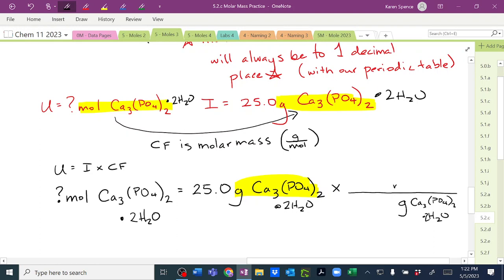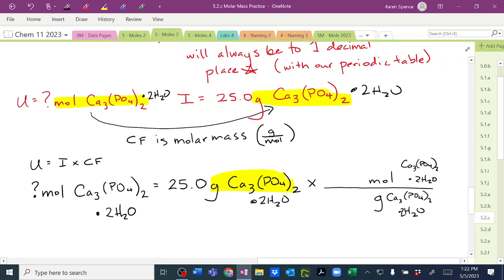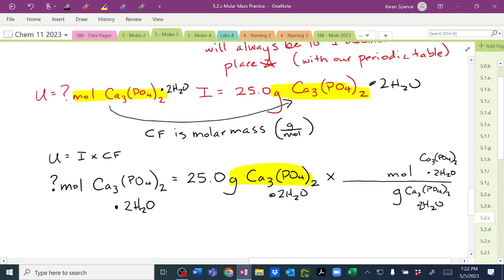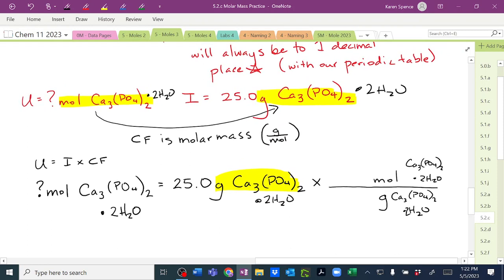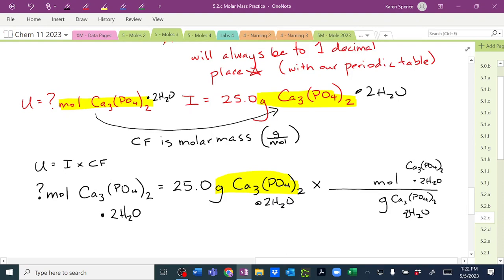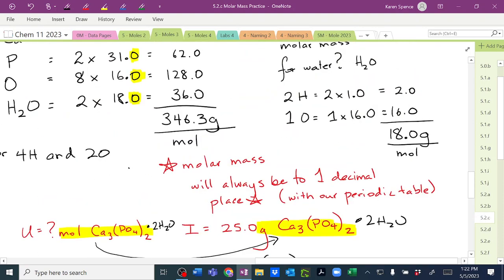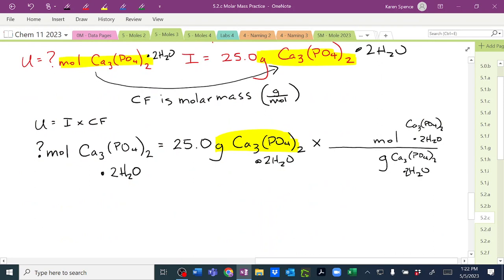And then on the top, I want to have moles of Ca3(PO4)2·2H2O. Whew. Most of the time they'll be much tidier than this, okay? And we have a molar mass, we just found it. It was 346.3.